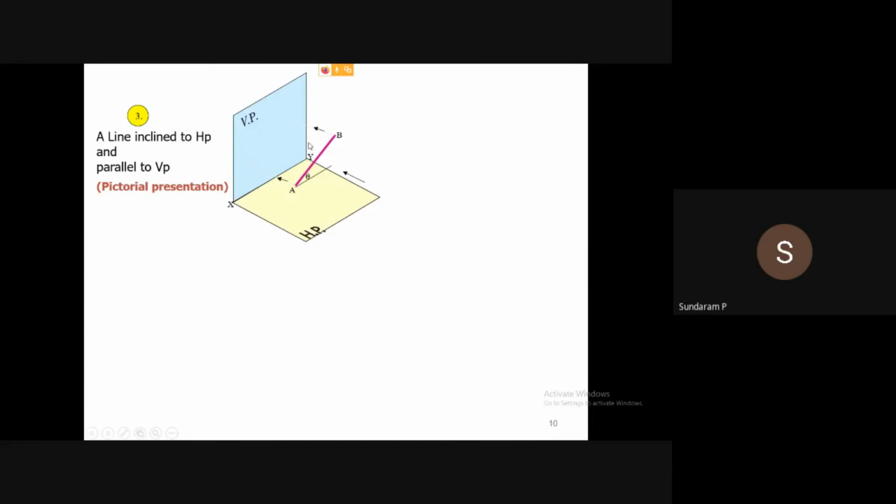When you look at the front view, we get the true length. But when you look at the top view, we get a shorter length; the AB length we get is very short. Suppose you stand outside in sunshine hours, you can see your shade on the ground.